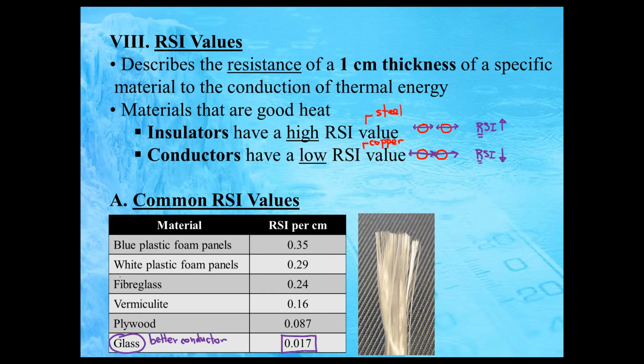The other common material I want to mention is fiberglass. You would only be able to see this if you have an unfinished basement or part of an unfinished basement. If you do, you probably notice that the walls are surrounded with this pink foam. That pink foam is fiberglass, and don't touch it. Fiberglass is actually made up of really, really tiny threads of glass.